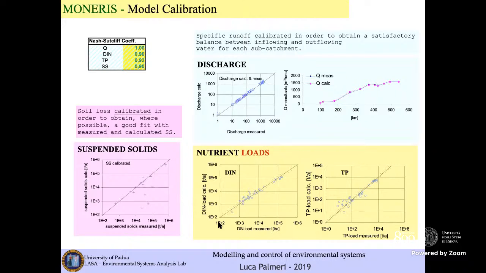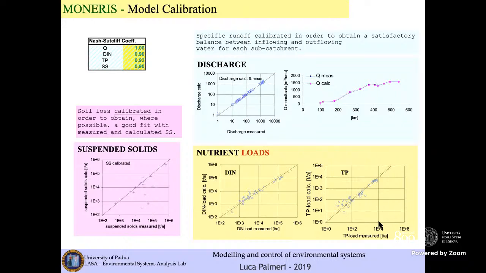These are the comparisons between measured values and calculated values. On the vertical axis, we have values calculated by the model, and on the horizontal axis, we have measured values in the gauging stations. What is happening is that for the smaller hydrological units, we have a large error. You see that the points are very far away from the one-to-one line. While as we go along the main Po river flow, the error becomes less and less relevant.